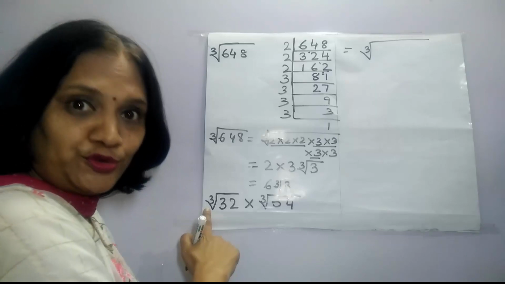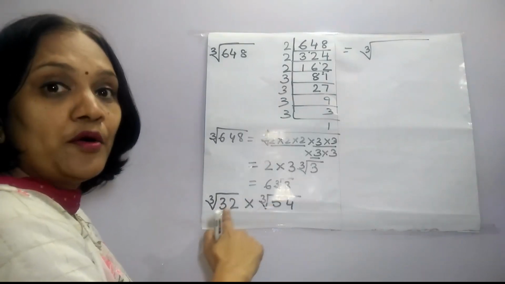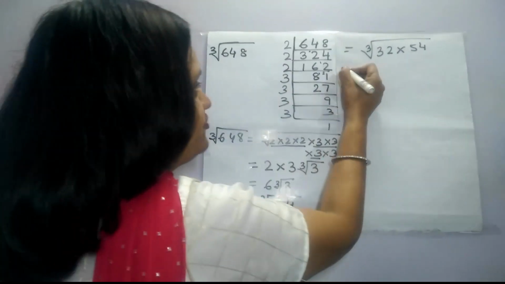Since we have cube root here also and here also, let's combine both under the same radical sign and we get cube root of 32 into 54.